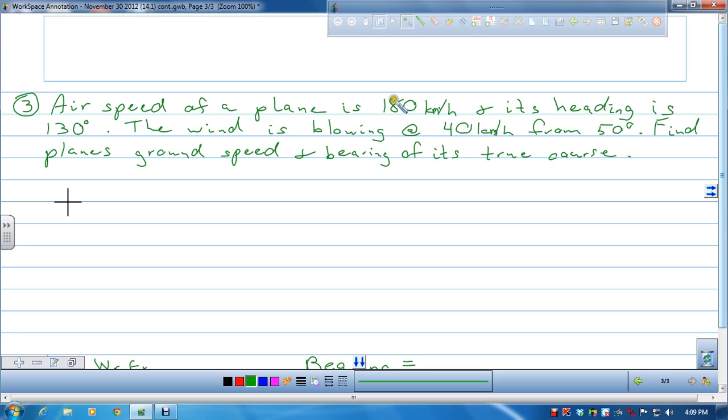So here's what we're going to do. It's got a heading of 130. So the first thing we're going to do, bearing of 130, I would say, somewhere in that vicinity, right? Filling in the blanks here, I know this is 90.